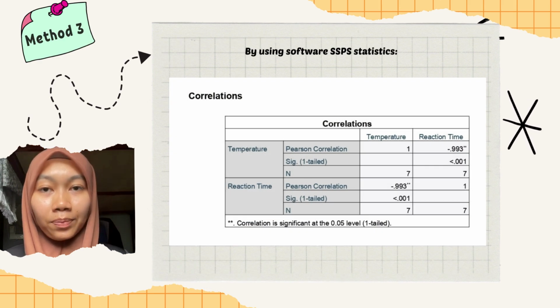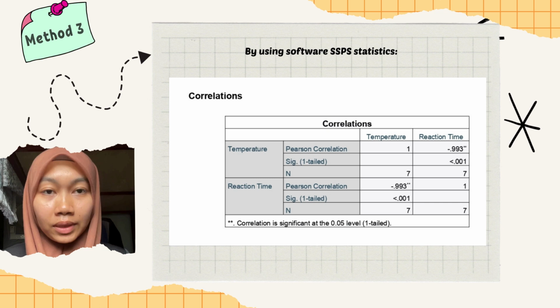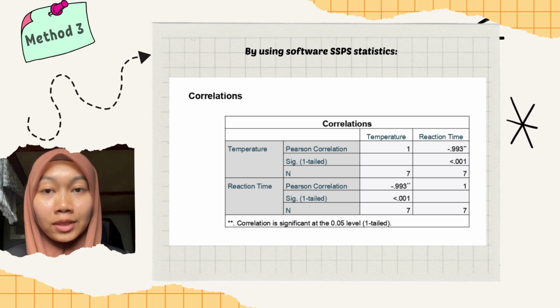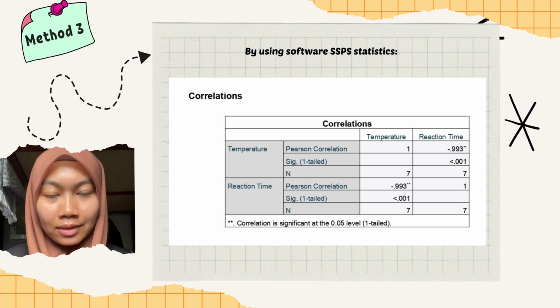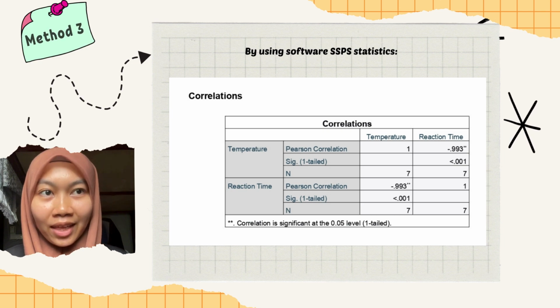So we reject the null hypothesis because the test value falls in the rejection region. There is a significant relationship between temperature and the reaction time for a reaction with a catalyst. By using software such as SPSS Statistics, the following results were obtained in this table.